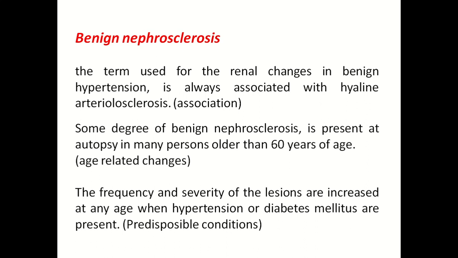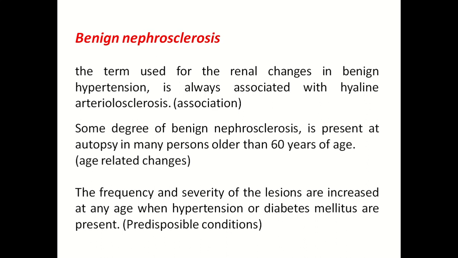Some degree of benign nephrosclerosis is present at autopsy in many persons older than 60 years of age, meaning it is an age-related change. So if we see the autopsy of patients more than 60 years of age, obviously there are changes of benign nephrosclerosis.